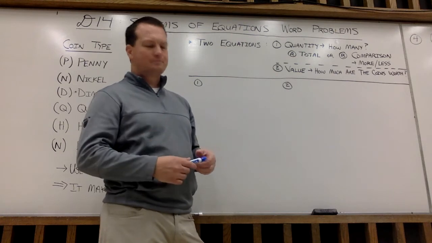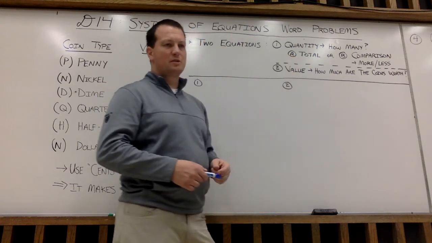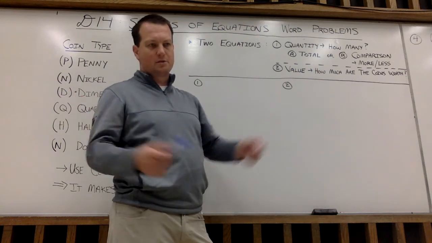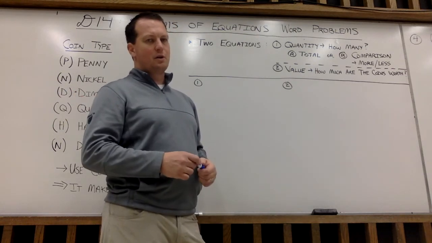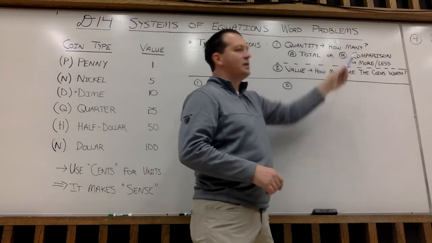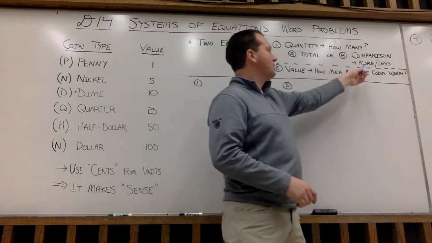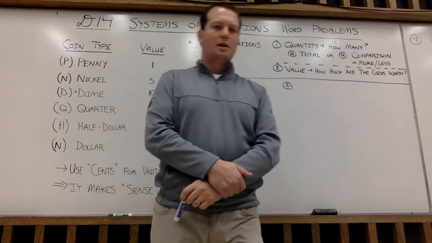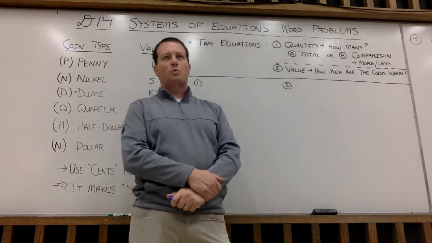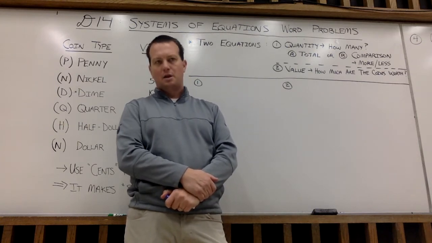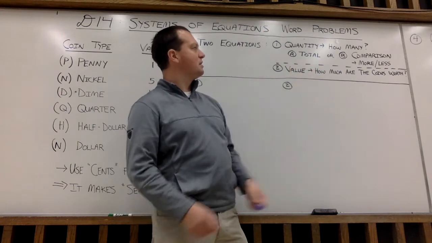And how do you know? Well, a lot of times you'll read and it'll say there were a total of 90 coins. But the keywords to know if you have a comparison equation are the word more or the word less or greater, fewer. So you might have an example where I have 15 more quarters than nickels. That would be a comparison equation.